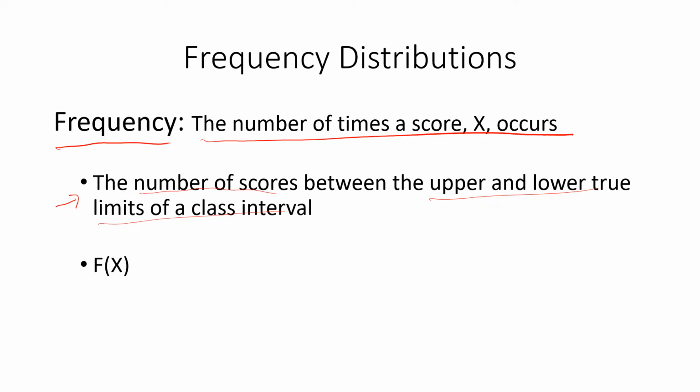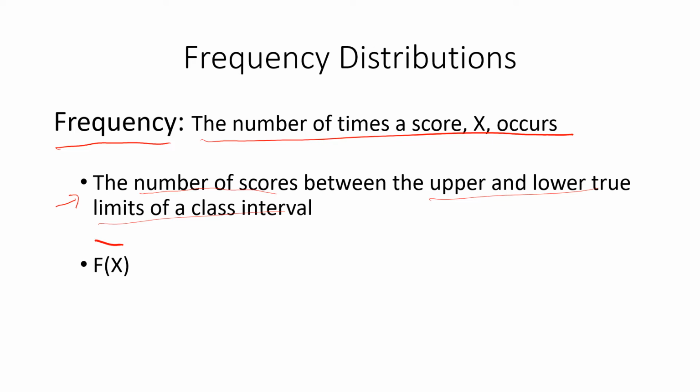That doesn't mean they're both exactly 6 pounds. If you're only weighing with whole numbers of pounds, that means they're between those upper and lower true limits, which we did last week. So they're between 5.5 and 6.5 pounds. That's what it means: with a continuous number, our frequency distribution is counting the number that are between the upper and lower true limits of that interval.